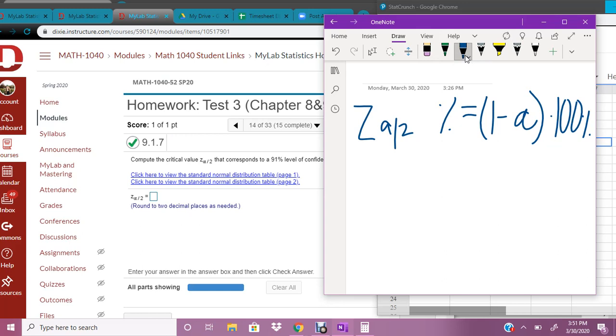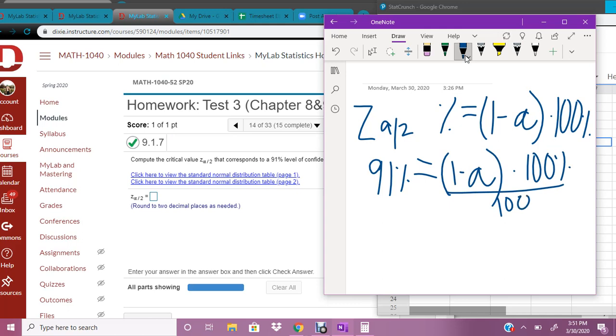And so we start out with, in this case, 91% equals 1 minus alpha times 100. When we divide by 100, we're going to do 0.91 equals 1 minus alpha, and then that's the same thing as 1 minus 0.91 equals alpha, and so this is going to be 0.09.